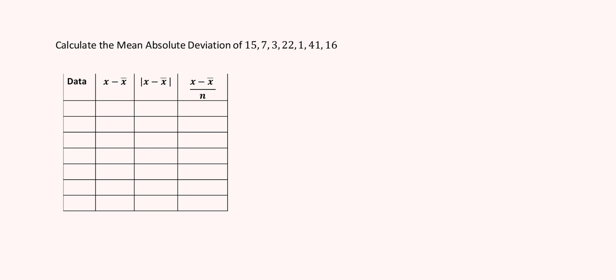We fill out the data set, we got 15, 7, 3, 22, 1, 41, 16. First thing we're going to do is get the mean. So the mean is 15 plus 7 plus 3 plus 22 plus 1 plus 41 plus 16, and we divide this by 7.